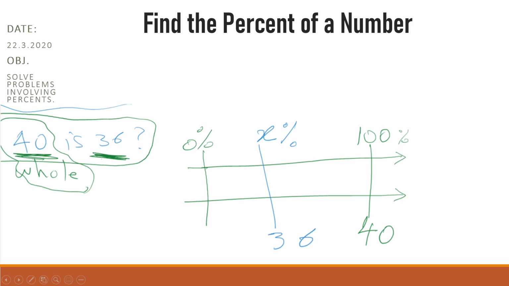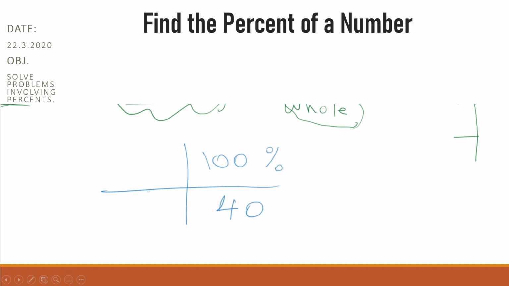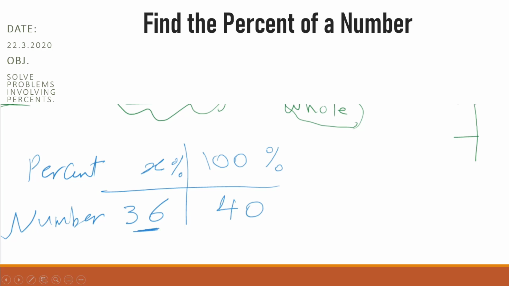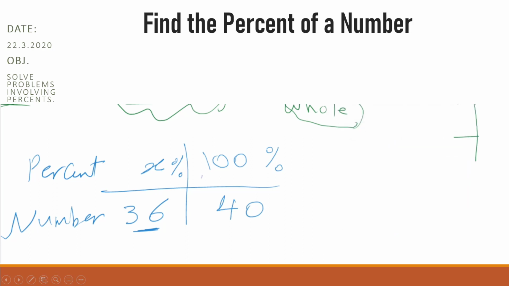So to solve this question, I'm going to use the table. Now I have 100%, that's the total, and 40 is also the total. 36 is the number, so we have here the number and here the percent. I don't know the percent equivalent to 36, so I'm going to find it using cross multiplication.